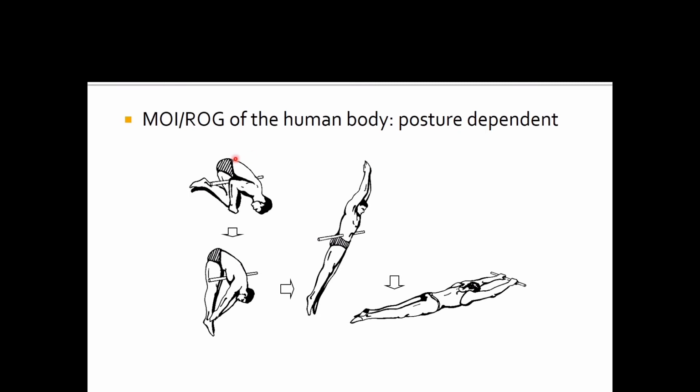Here, moment of inertia and radius of gyration of the body are partially dependent on body position. Assume that we have the same diver here, and he is in the air. This is a tuck position, T-U-C-K, then the pike, then layout, and then giant swing.